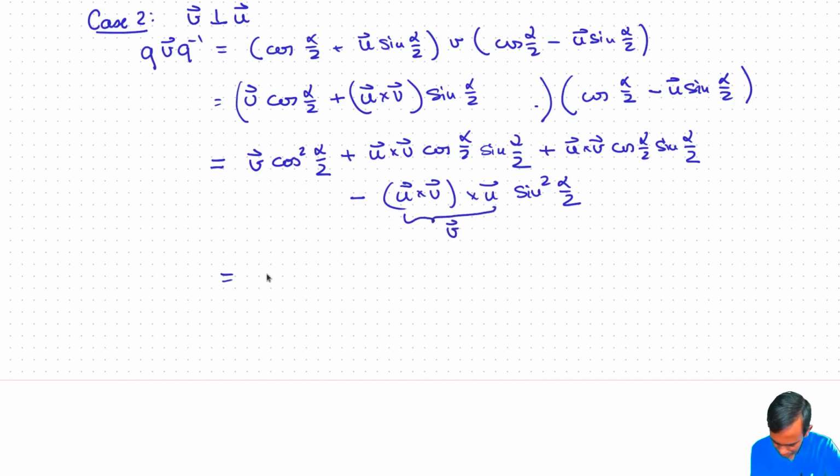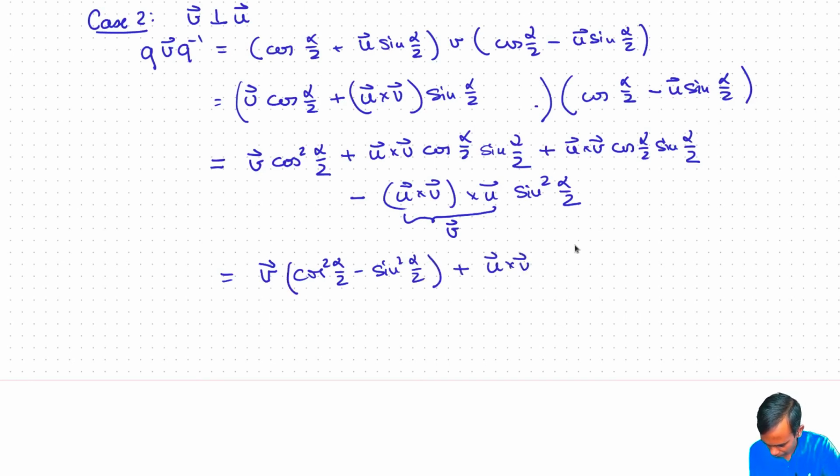So what you get is just v cos squared alpha by 2 minus sine squared alpha by 2 plus u cross v, and then we have 2 sine alpha by 2 cos alpha by 2, which is v times cos alpha plus u cross v times sine alpha.